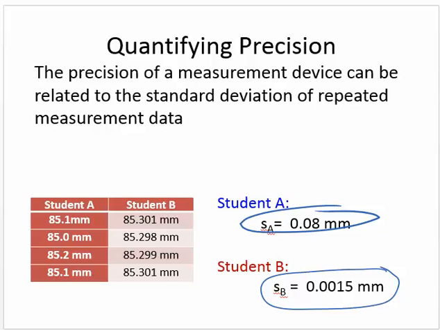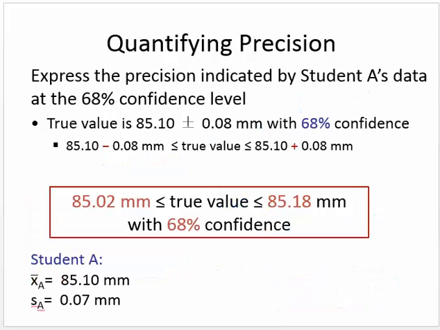Okay, so let's look at something now. I want to talk to you about something called a confidence level. If you're asked to write something with a confidence level, with 68% confidence, that means we're going to go within one standard deviation both ways. So what you'll have to do is calculate the mean and calculate the standard deviation.